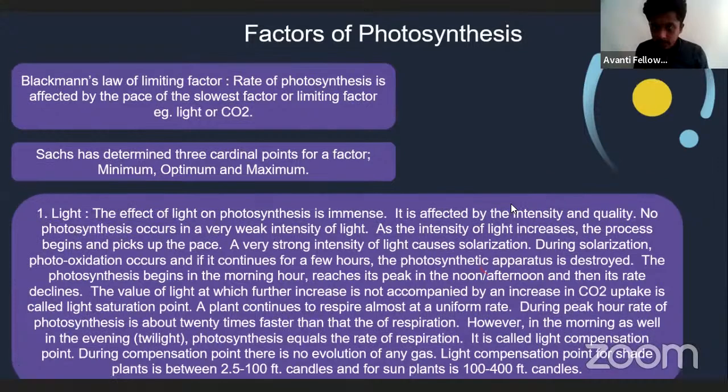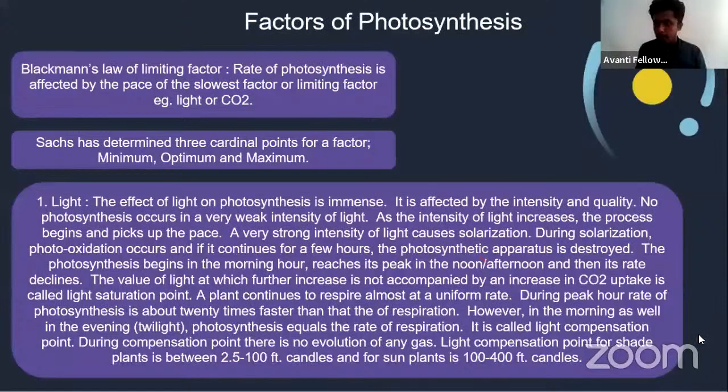We know that there are several factors, such as carbon dioxide, light, and temperature, etc. These are the factors that generally affect the rate of photosynthesis.